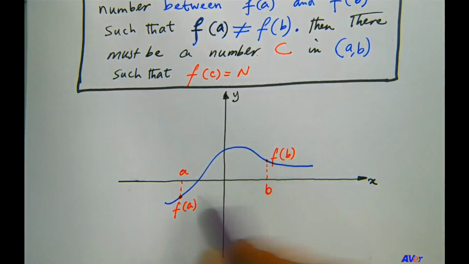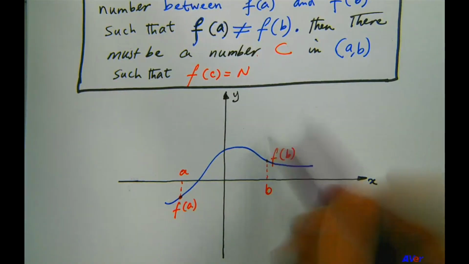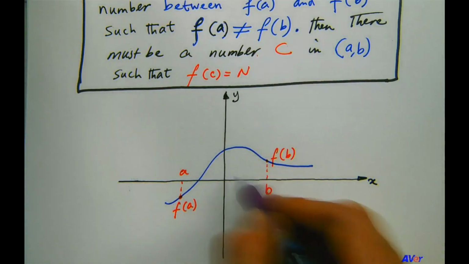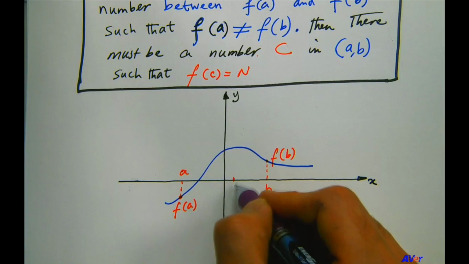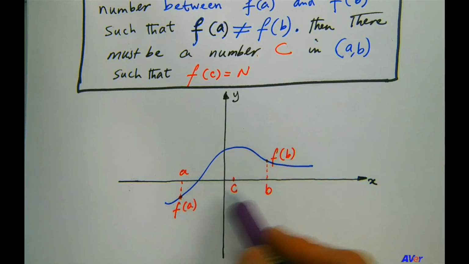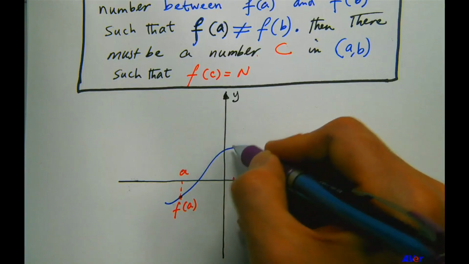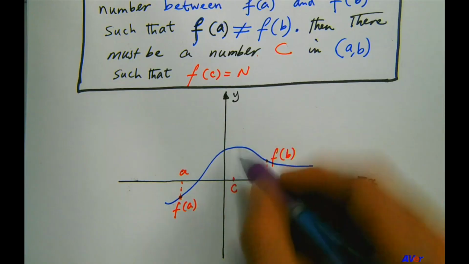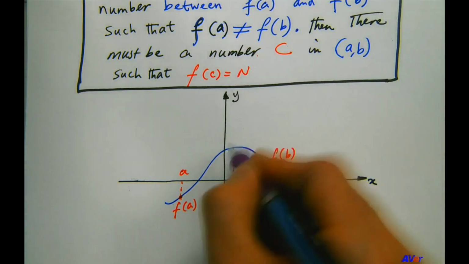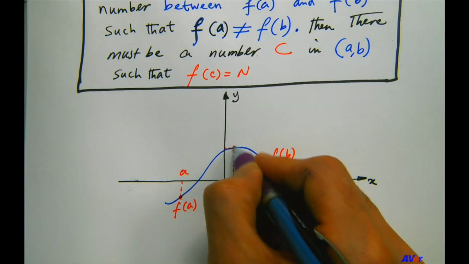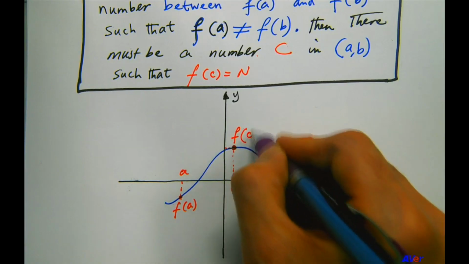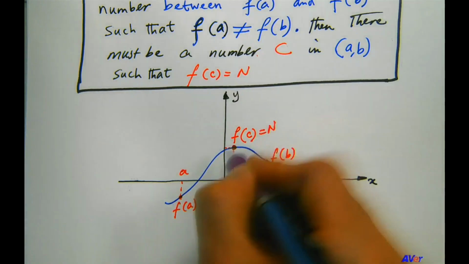If we have that at n points, then there must be a number C in between these, in the open interval A and B, such that the value of the function at C is defined and it's equal to some value n. Okay, so that would be f of c equals n.